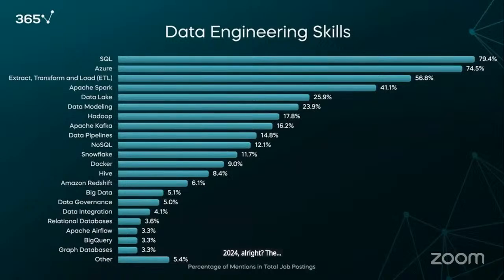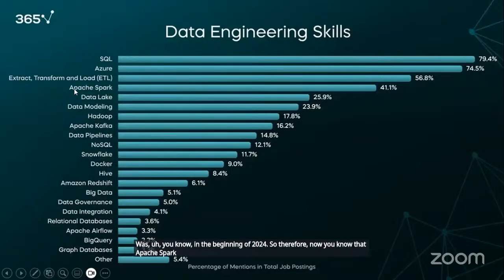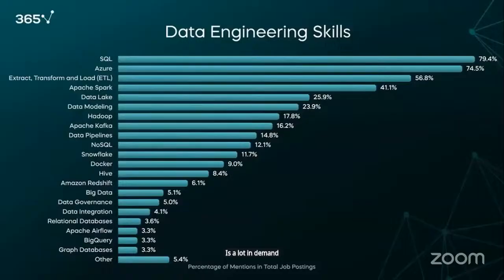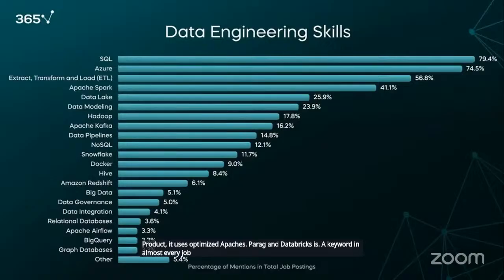The particular report that I had was in the beginning of 2024. So therefore, now you know that Apache Spark is a lot in demand, and Databricks is nothing but optimized Apache Spark. All right, it uses optimized Apache Spark, and Databricks is a keyword in almost every job opening nowadays. All right, it is growing massively, right?